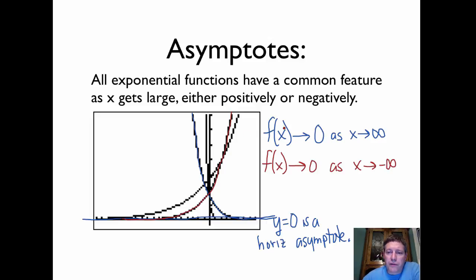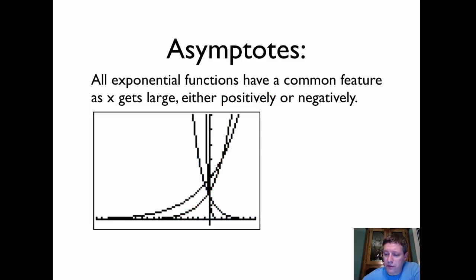For decreasing functions, it's true that the function heads towards 0 as x approaches a big number positively. And as we analyze the red function, if x were to travel toward negative infinity, we would see that the function is heading towards 0 in that direction. So once again, this fancier language is saying the same thing, that y equals 0 is a horizontal asymptote.